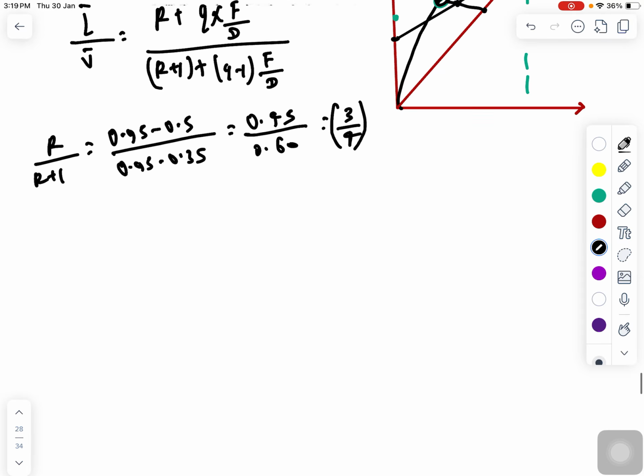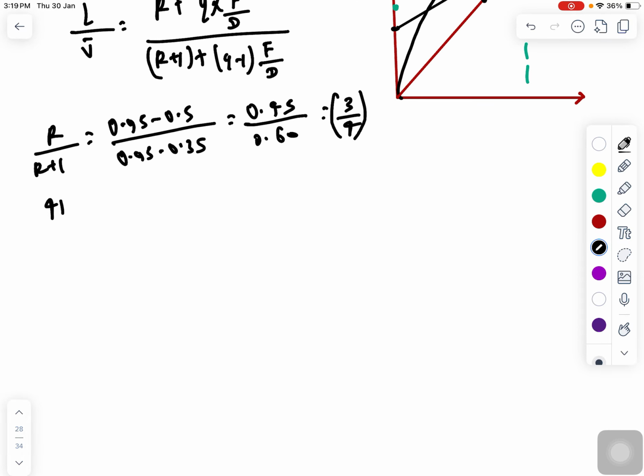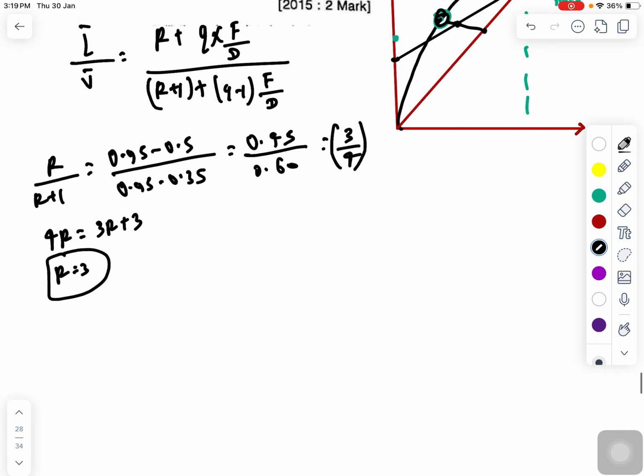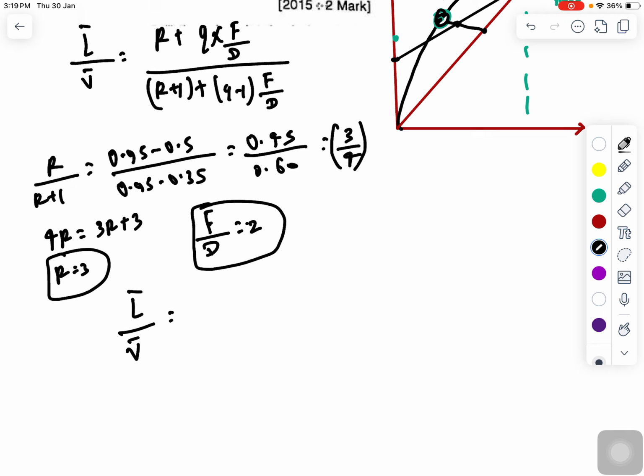So I can now write 4R equals 3R plus 3, so R equals 3. From here we got the value of R, and we know F by D. What is F by D? F by D is 2. So I can write the slope of the stripping section line, L by V, equals (3 plus q is 1 by 4 multiplied with 2) upon (5 by 4 plus minus 3 by 4 multiplied with 2).